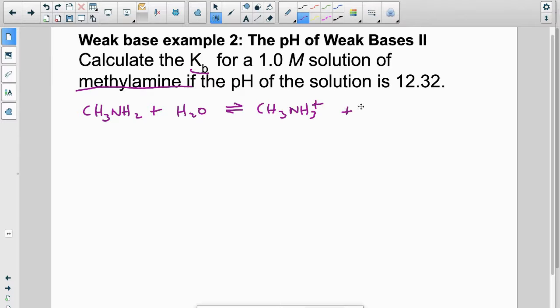It's plus OH minus. Okay, and our Kb will be the methylammonium ion over our methylamine.